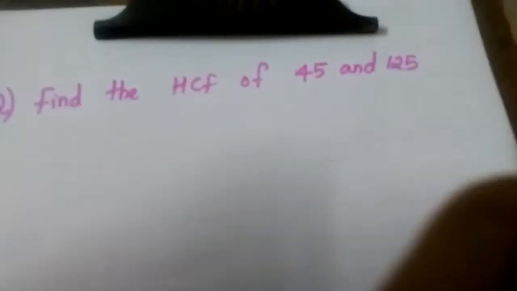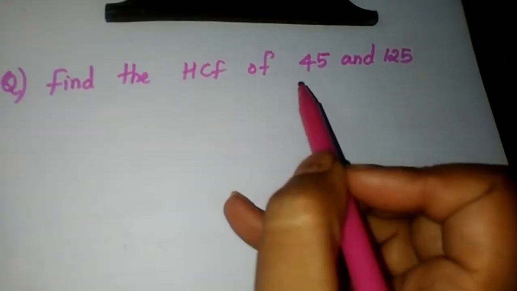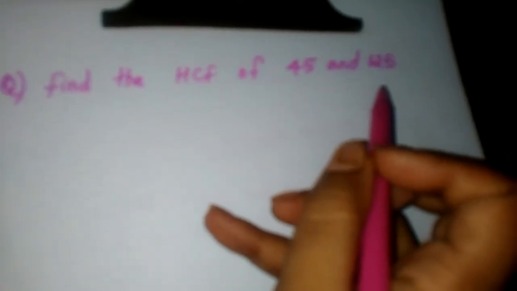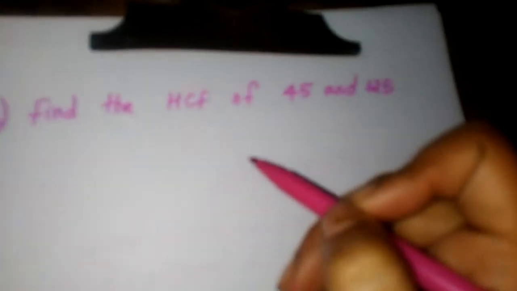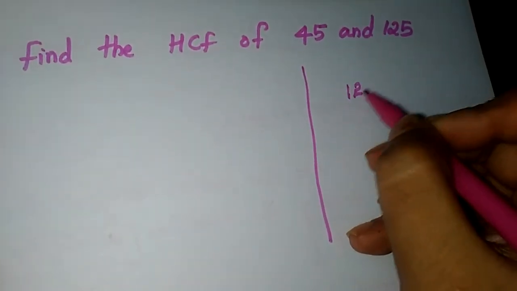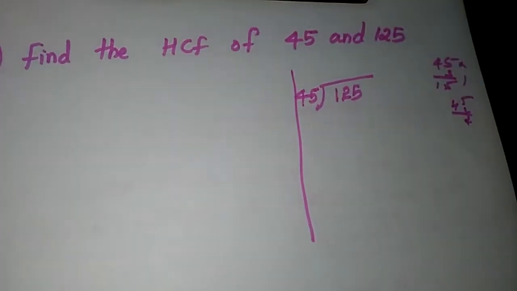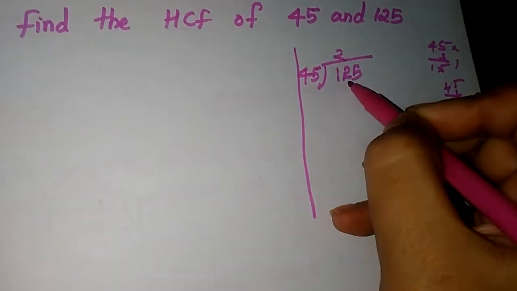From this Euclid's division lemma, we have to find the HCF of two numbers. How to find the HCF of two numbers? Here we have to find the HCF of 45 and 125 by the Euclid division method. By division, you take 125 divided by 45. 45 into 2 is 90.